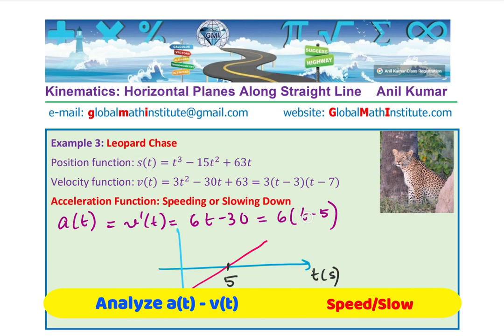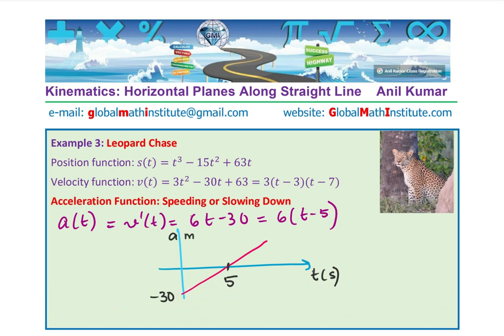And of course, when I put t as 0, I get minus 30, and that is the acceleration whose units are meters per second square. Is that okay? Minus 30 meters per second square, and then it is 0 at 5. At 10, it will be plus 30, right? So if I extend it to 10, I'll get this point at 10 as 30 meters per second square, which is going to be the acceleration.